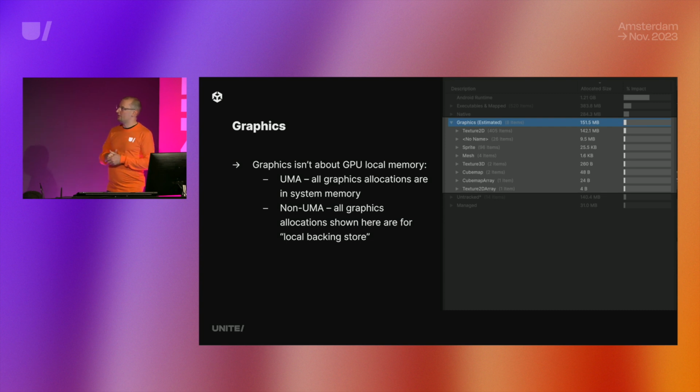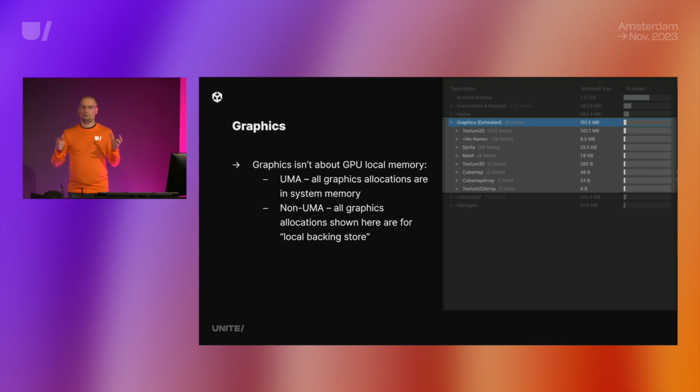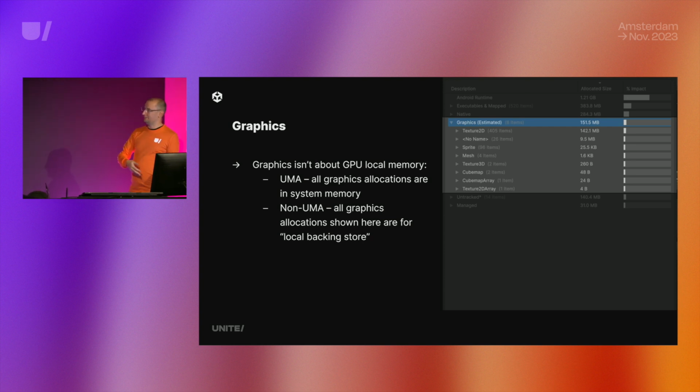The first one is UMA, Unified Memory Access. So all graphics allocations are in system memory. GPU shares memory with CPU, and it's called graphics stolen memory when GPU just steals memory from CPU. And the second one, obviously, non-UMA, when you usually have a dedicated graphics card, which has dedicated memory.